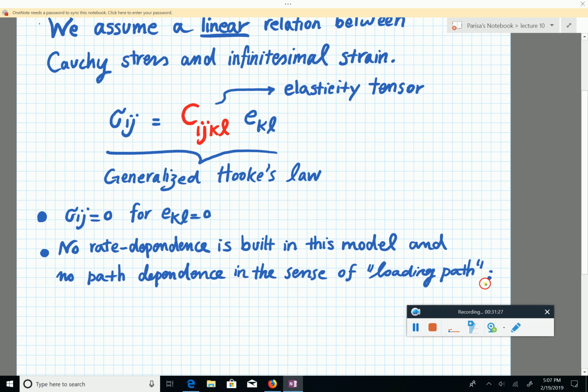What am I talking about here? Path dependence, loading path. Can someone give me an example of a situation where the behavior depends on the loading path? Someone who hasn't talked in this class so far and is not too tired to talk.